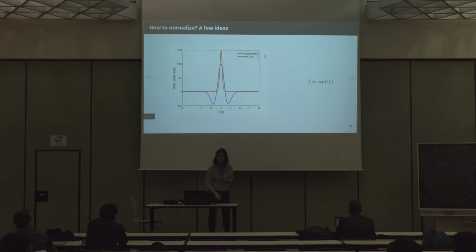The second idea was brought up earlier this year by a researcher in a company. They take advantage of the exponential function. The range of the exponential function is always positive, so what they do is take the exponential of the data f. But the exponential function is very dangerous; its range can be very large.